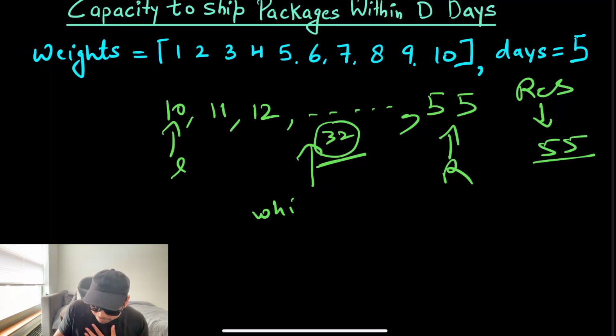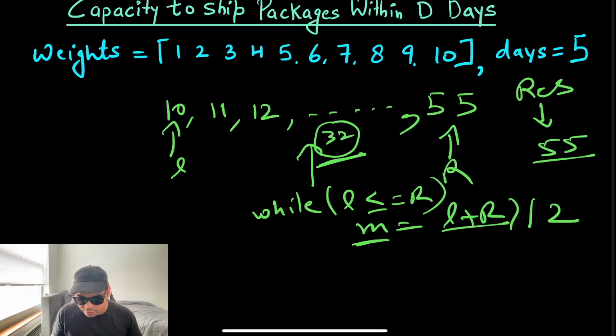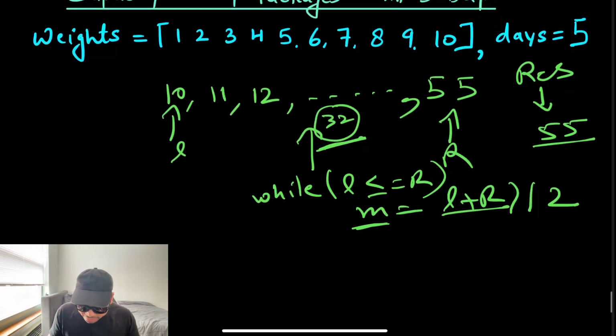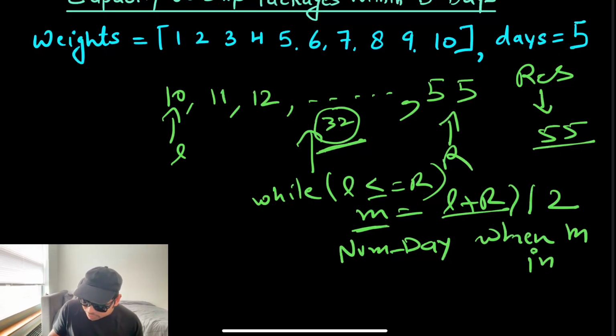Okay, so while left is less than or equal to right, mid is left plus right divided by 2. Right now in this case 32 is my mid. So I want to find out num days when m is my capacity. So how will I do that?